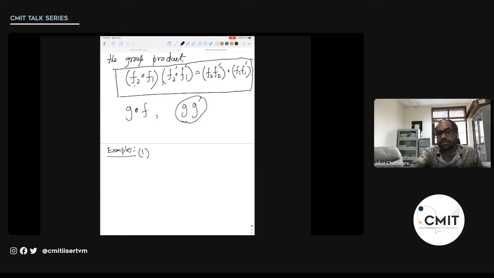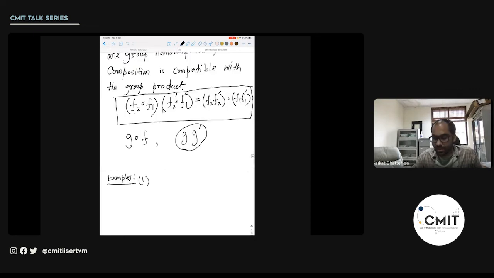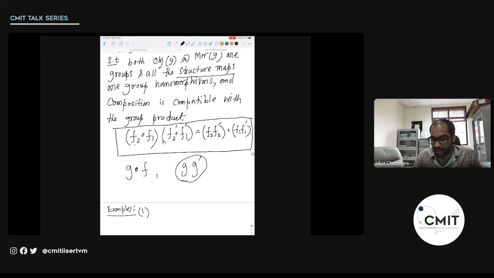Someone has asked a question. Yes, Kalin, this is well defined. That is assumed. Whenever I am writing this as a composition, I do not always mention it. The composition is well defined in the sense that the target of F1 prime is the same as the source of F2 prime.